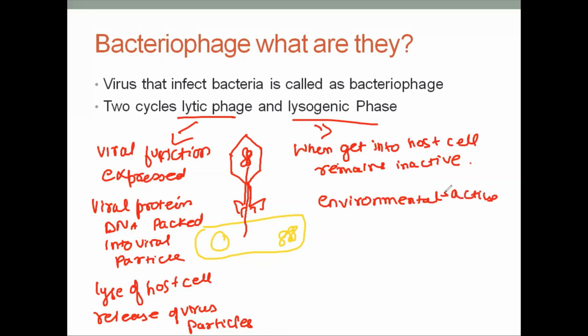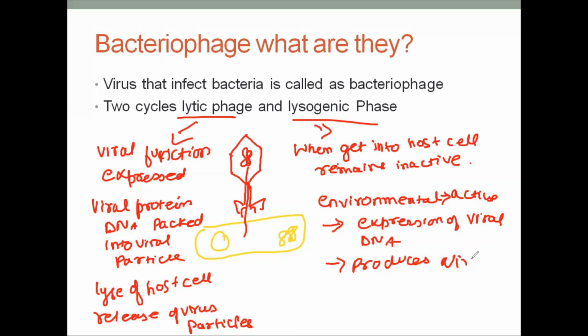And once it is active, it again expresses its viral DNA, produces its viral particles and lyses the cell. Easy? So both are nearly the same, but here it is dormant for a while. Here it just does the lytic cycle: it starts its own lysis and produces its own particles, whereas in the lysogenic phase it remains inactive.